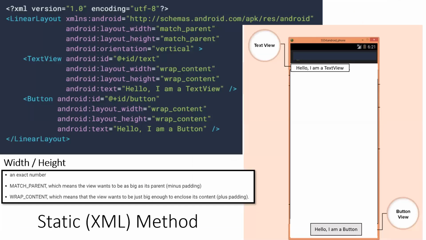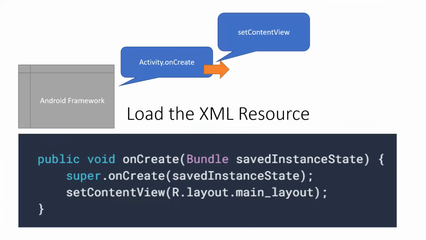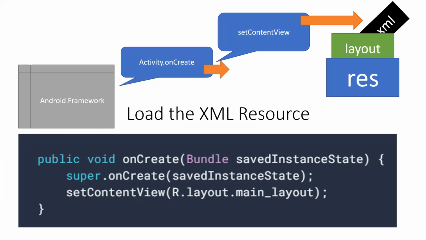So these things will be presented over here. The result that you are seeing here is the result of this process. The Android framework called activity.onCreate, activity.onCreate called setContentView, and setContentView was responsible for fetching the file from the layout directory and rendering the contents on the screen.